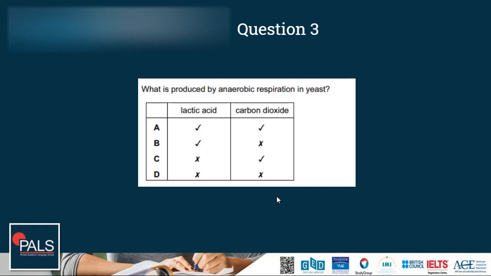Okay, the correct answer here is C. Anaerobic respiration in yeast produces ethanol or alcohol and carbon dioxide. Lactic acid is anaerobic respiration in mammals, lactic acid fermentation.